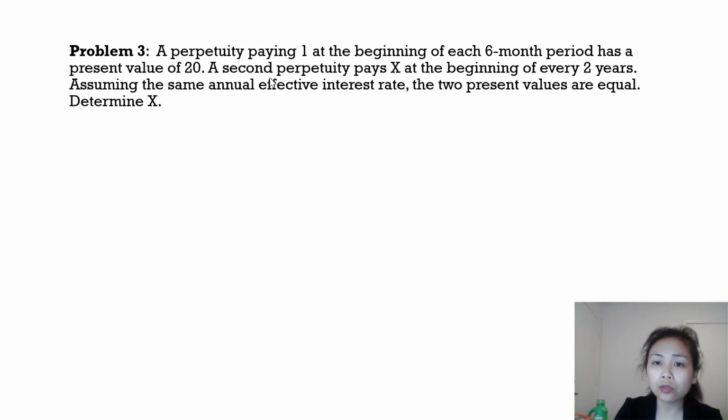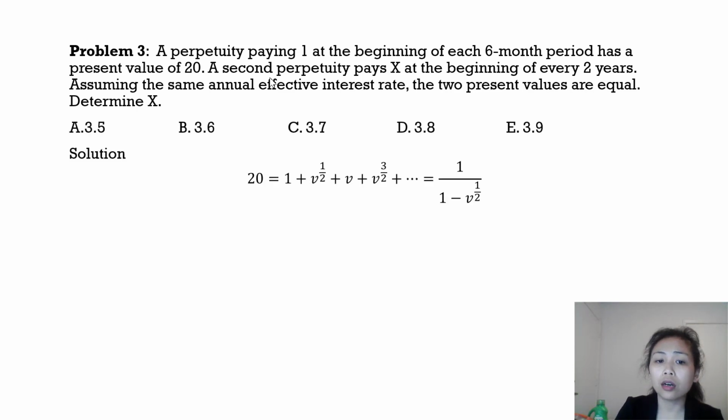So first, let's write down the formula of the present value for the first perpetuity. 20 is equal to 1 plus V to the 1/2, because in a year we make payment twice. 6 months later is time 1/2.